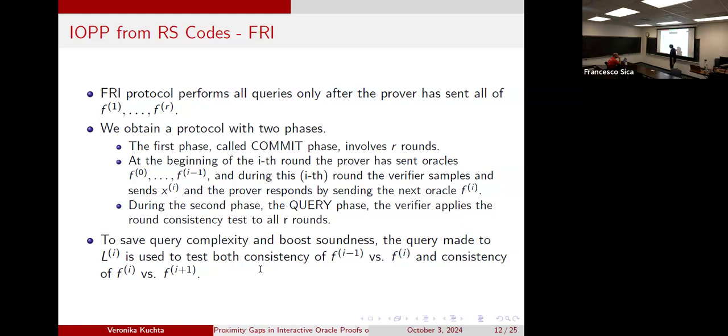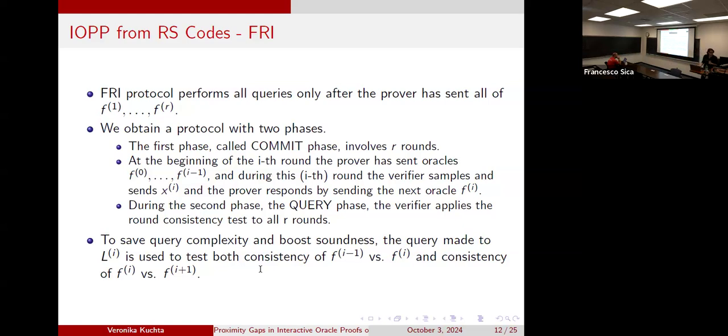And then during the second phase, which is called the query phase, the verifier applies the round consistency test. The verifier sends those two queries to verify that Fi and Fi minus 1 are computed correctly, that they are consistent.